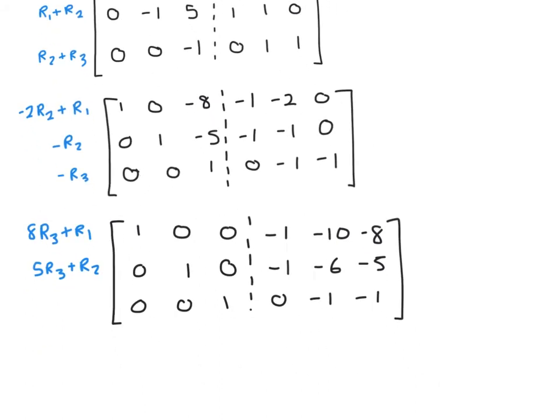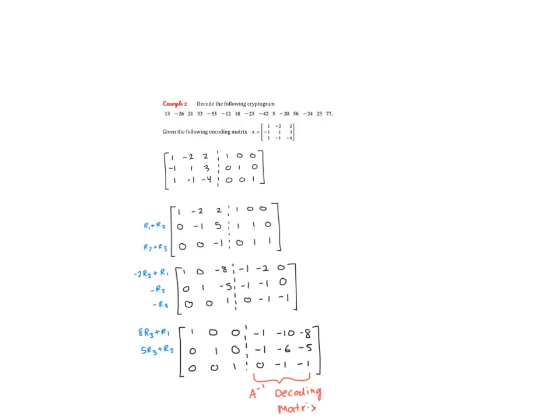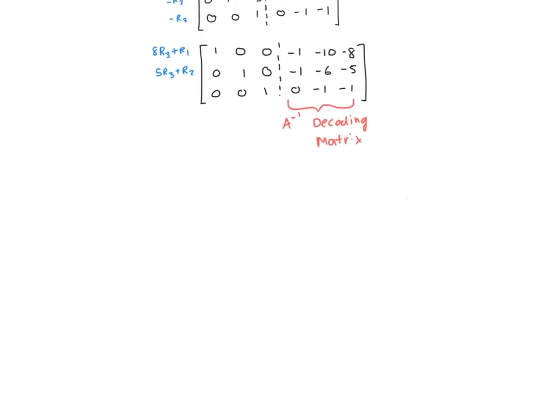So since this is now an identity matrix, that means the right side of our matrix, what's remaining, is the inverse, which will also be used as the decoding matrix. So I'm going to now take this code that we were given right here, and I'm going to write it as a coded matrix.